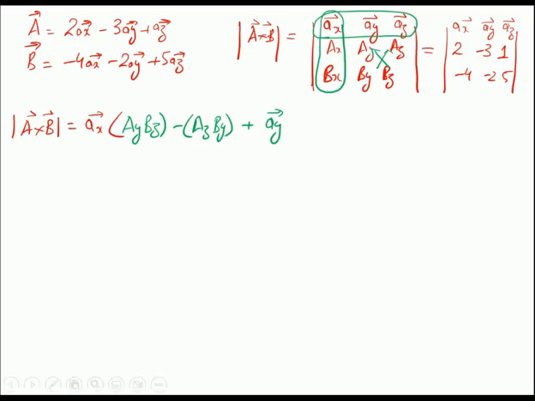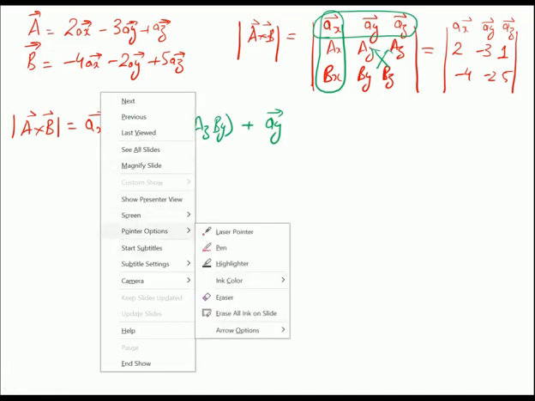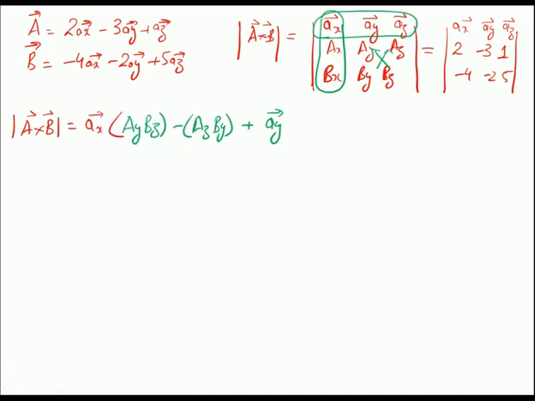Now for ay, we are going to make the T shape such that these vertical components are blocked. So we are left with ax with bz minus az with bx.